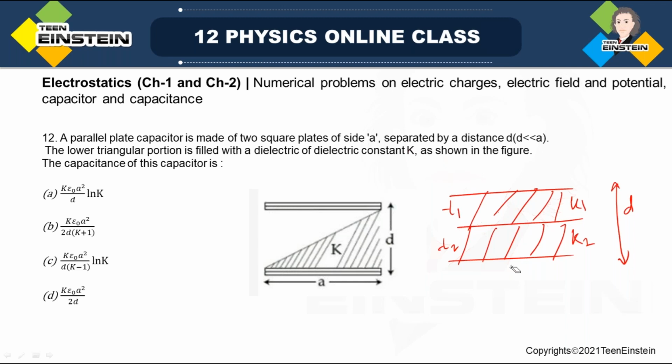If this is the case, then what do we do to find the parallel capacitance? The formula is epsilon 0 A by D, but since there are different thicknesses, in place of D we write T1 by K1 plus T2 by K2.